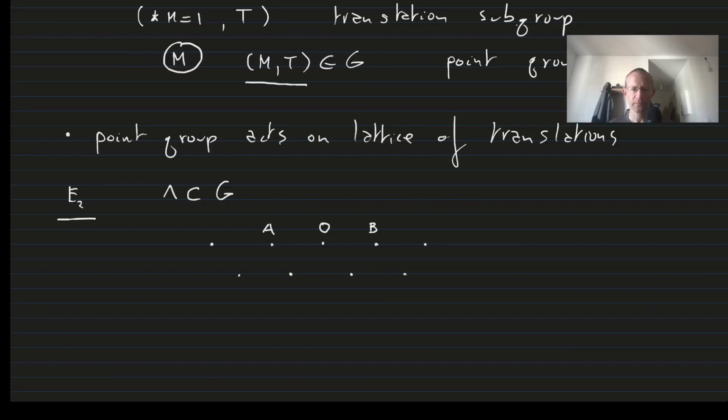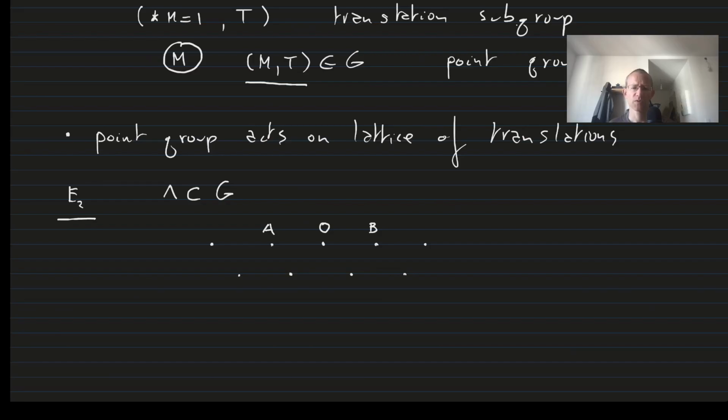And now we suppose that there is also a rotation invariance of our pattern. So we can choose the lattice of translations such that one of these points coincides with the origin for our rotations. So suppose O is such a point.